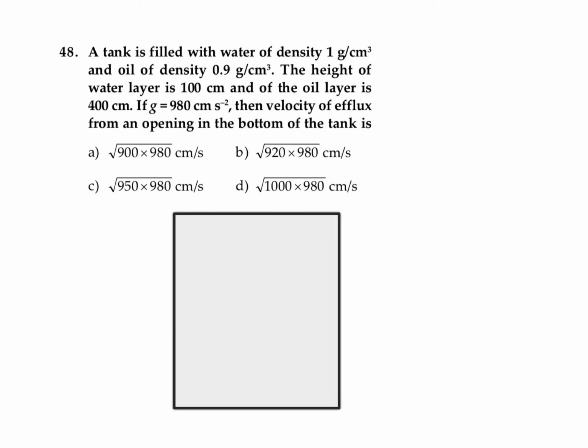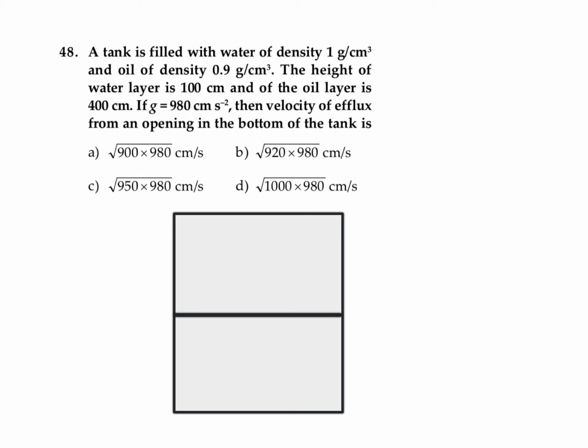So we are considering a tank over here, and some part is filled with oil and some part with water. It is given that the density of water is 1 and oil is 0.9.